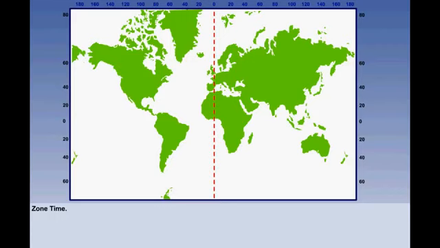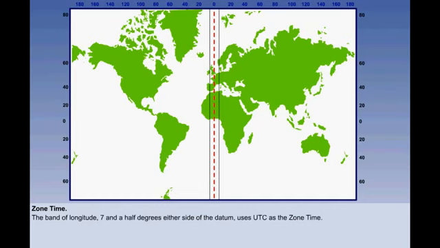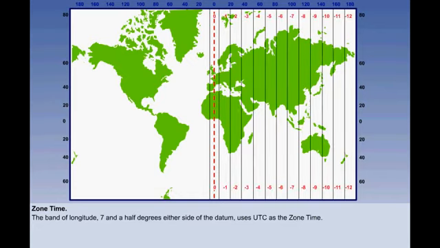The band of longitude, 7.5 degrees either side of the datum, uses UTC as the zone time. From 7.5 degrees east to 22.5 degrees east, the zone time is 1 hour ahead of UTC. From 22.5 degrees east to 37.5 degrees east, the zone time is UTC plus 2 hours, and so on.